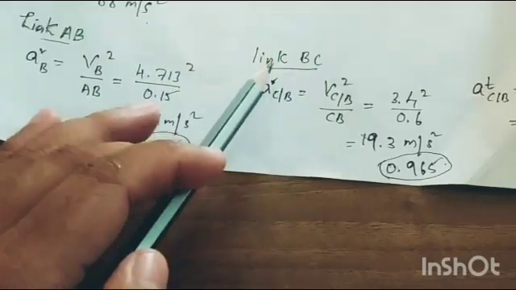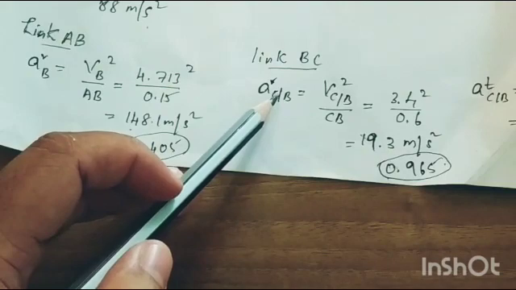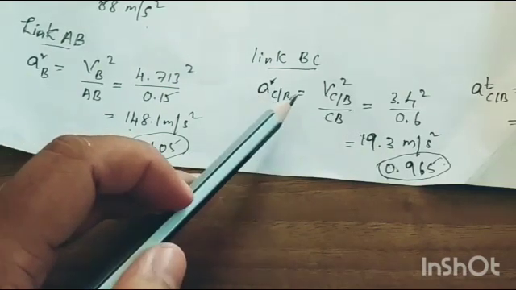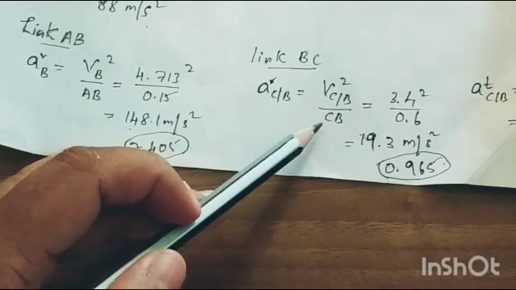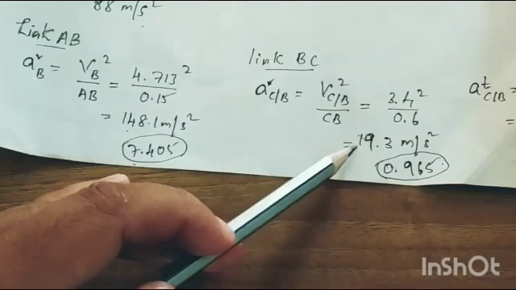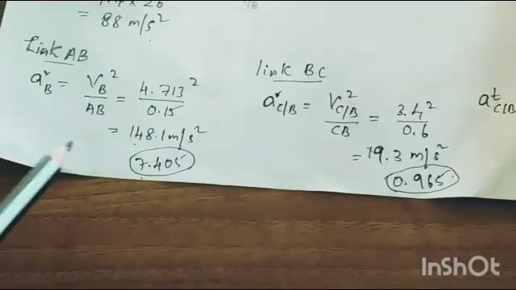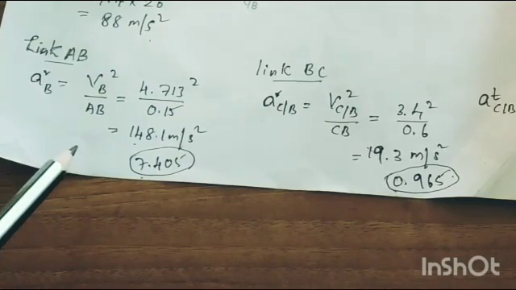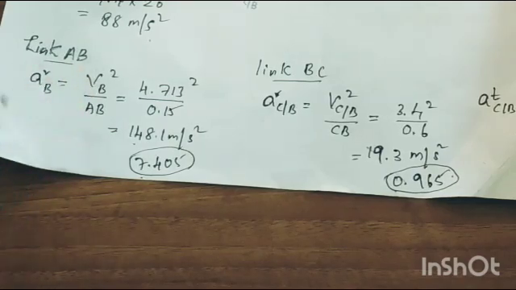Now we'll think about the next link, the connecting rod BC. Radial component A^r_CB is equal to velocity squared of that link divided by the link length. Again we put the values and got this value. Here we will not find the tangential component for the crank, since the crank can rotate 360 degrees, so there is no tangential component, only radial component will be its acceleration.